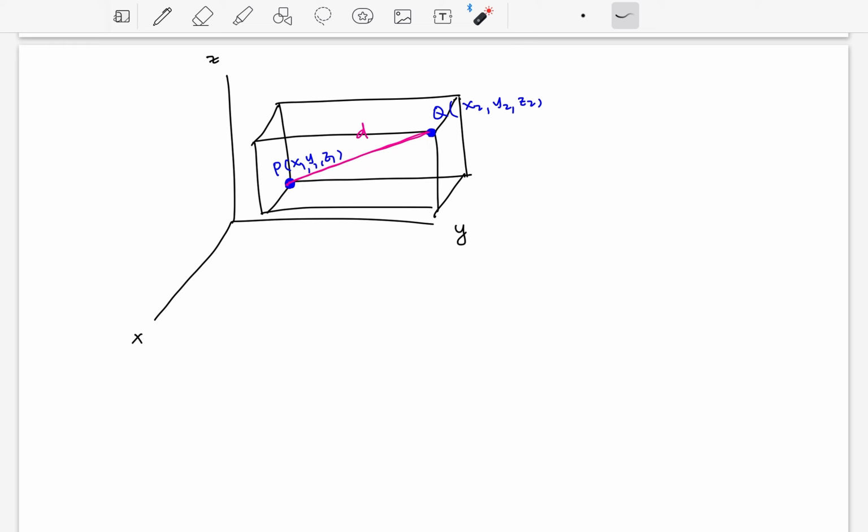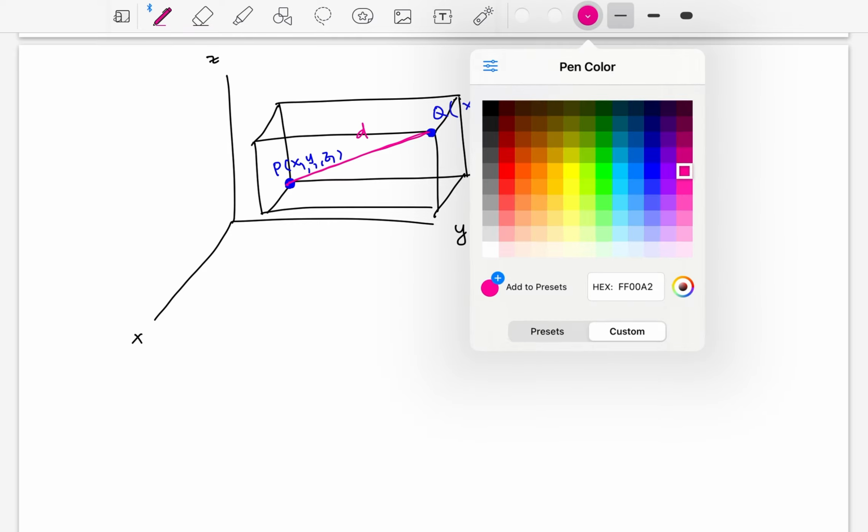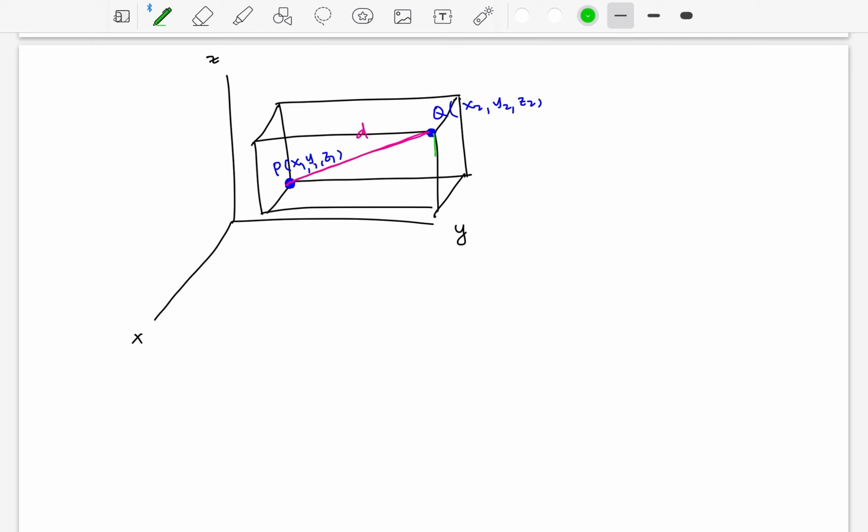So I know that if I need this length, I can complete here a triangle, and then this is going to be the hypotenuse of that triangle, okay? So let me use colors for this. So this is one triangle, okay?